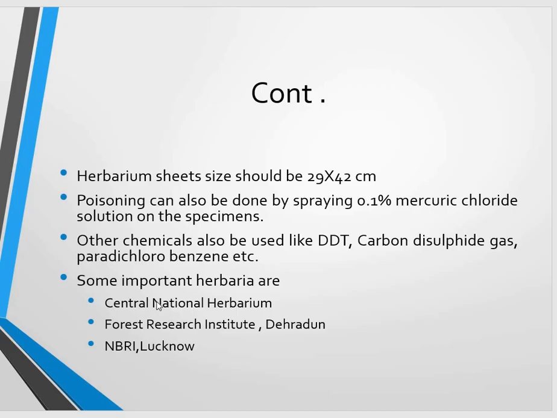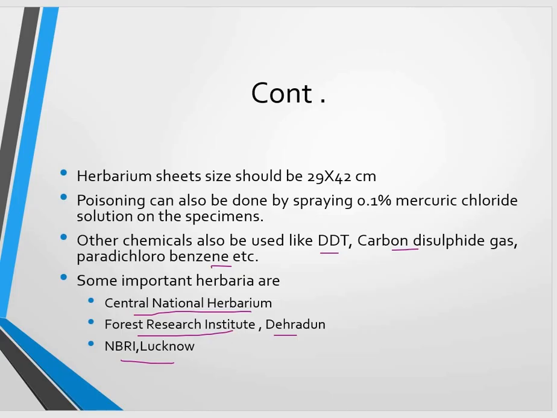Some important herbaria you can remember are the Central National Herbarium, Forest Research Institute Dehradun, and NBRI Lucknow. The chemicals you can name are DDT, carbon disulfide gas, and paradichlorobenzene. These can be used as preservatives, right?